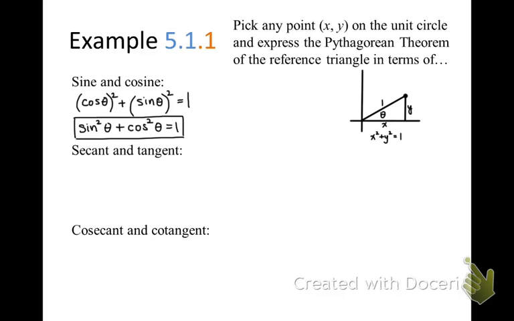Okay. So now we're being asked to write the same thing in terms of secant and tangent. I'm going to show you how I'm going to work on this one, and then I want you to try and do the cosecant and cotangent on your own. But for the secant and the tangent, I am going to start with the Pythagorean theorem identity that I just came up with, because I know that this is true.